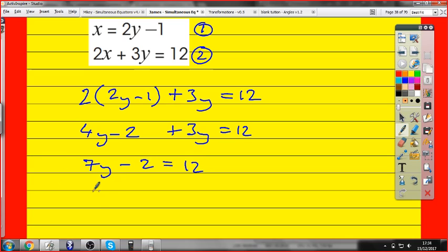So y could be 2. Yeah, 14 take away 2 is 12. And then x will equal 3. Well done. Any questions there?